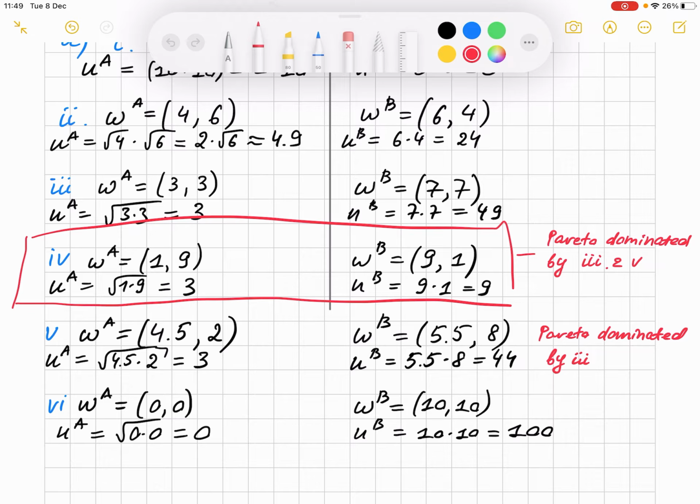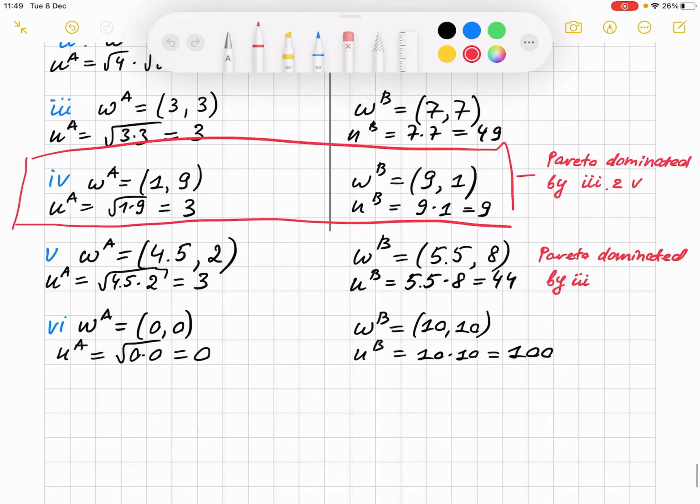So here we can compare these two in a very straightforward way, but of course we cannot compare right away, let's say we have 5 and 6, in such a clear way, that agent A has 3 versus 0, but B has 44 versus 100. And so here, without adopting some additional assumptions, we cannot say that it's better that B has 100 versus 44.